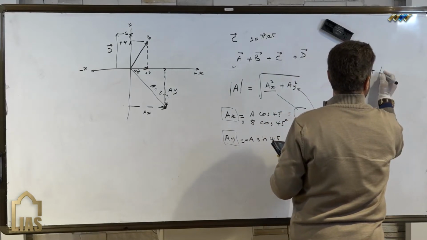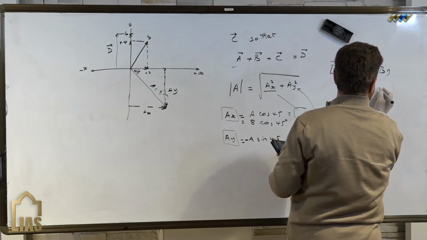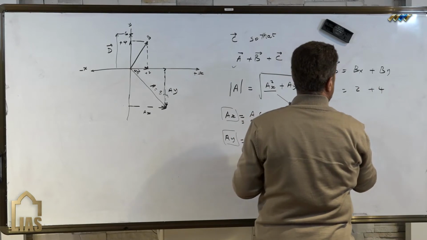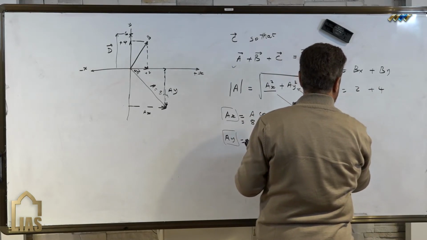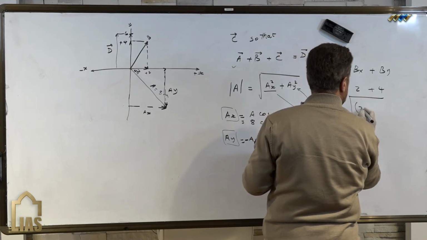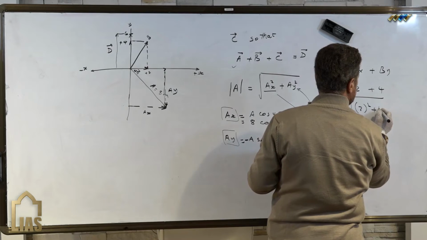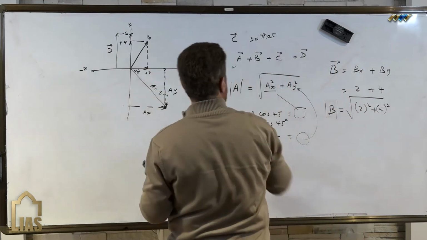Bx plus By is equal to 2 plus 4. Okay? Then B is equal to square root of 2 square plus 4 square. It's already given in the values here.